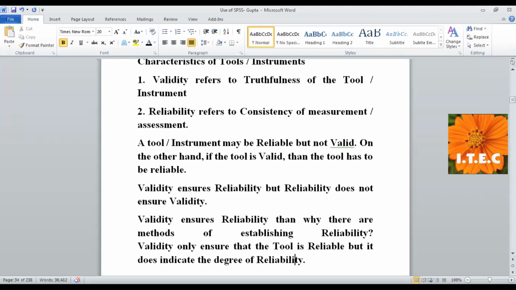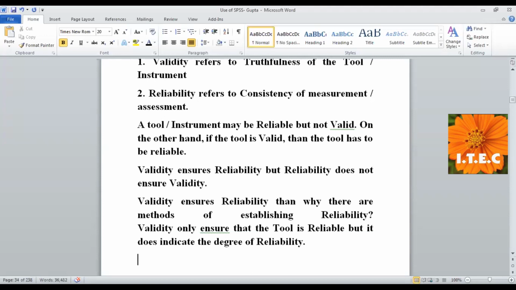And that is why there are methods of establishing reliability. I hope you have understood now. So I have given the question, I have given the answer also. Is it clear or do you want to ask a question?